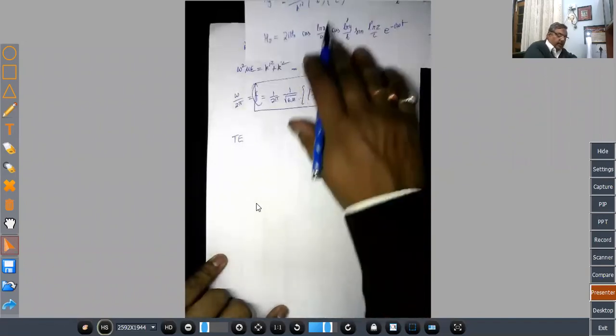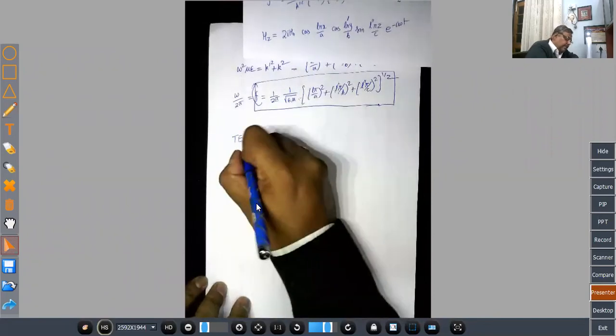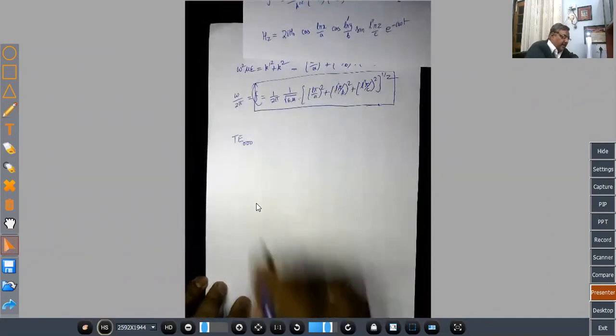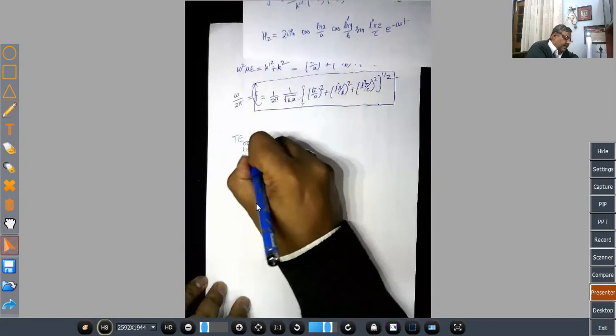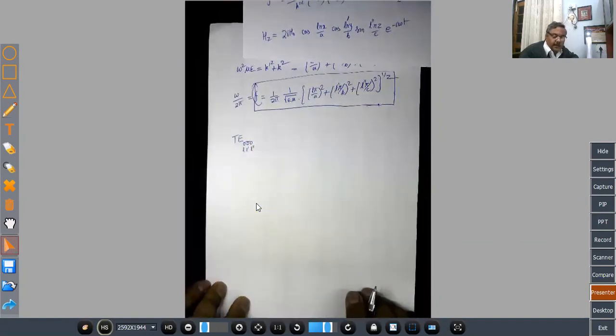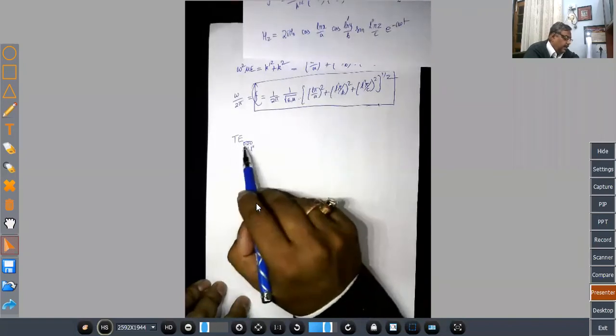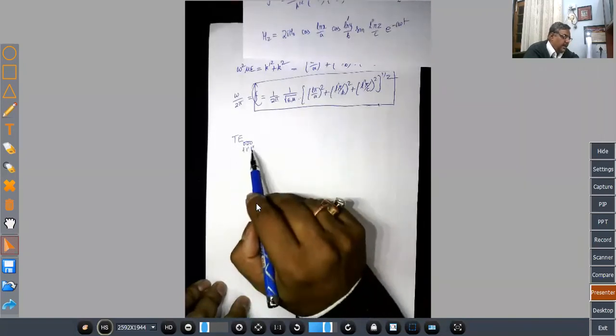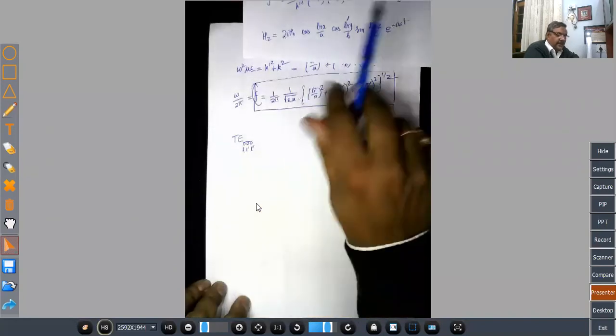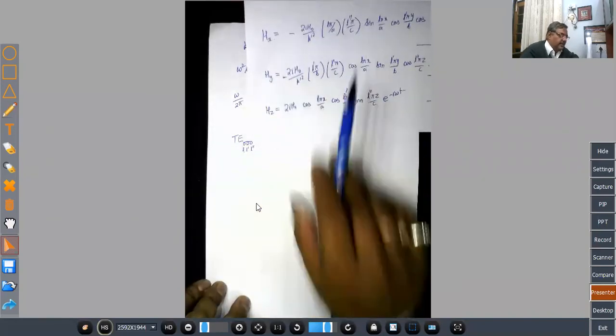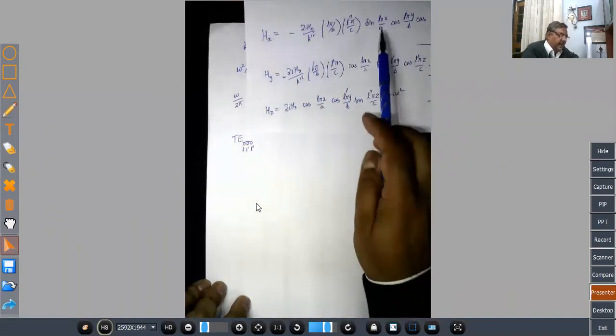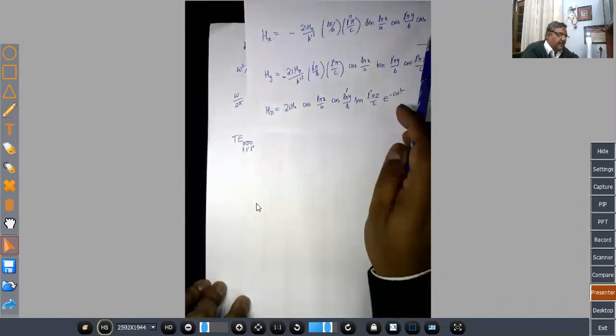So if I say this, this is L, this is L dash, this is L double dash. It means that L is 0, L dash is 0, and L double dash is 0. So L is 0, L dash is 0.